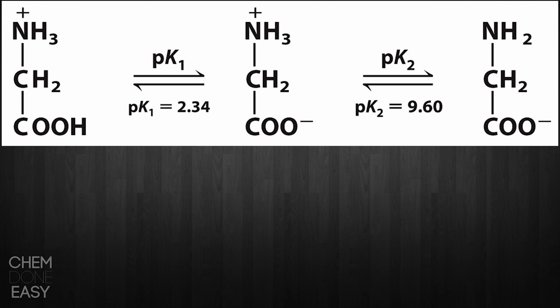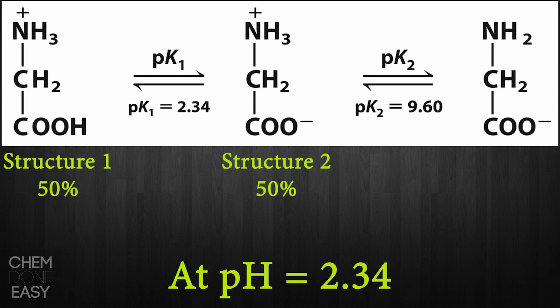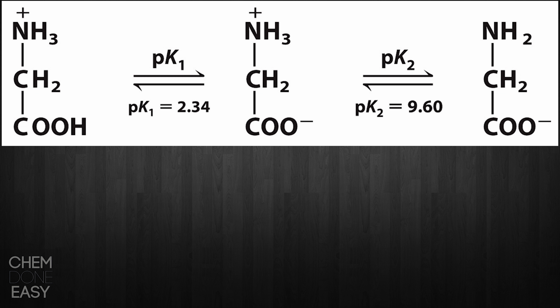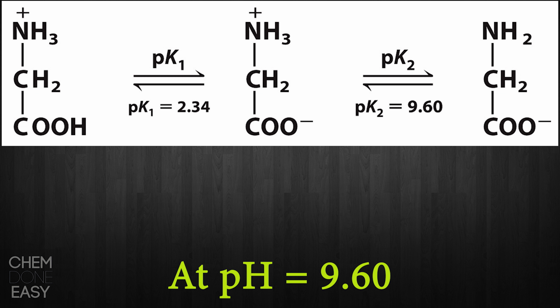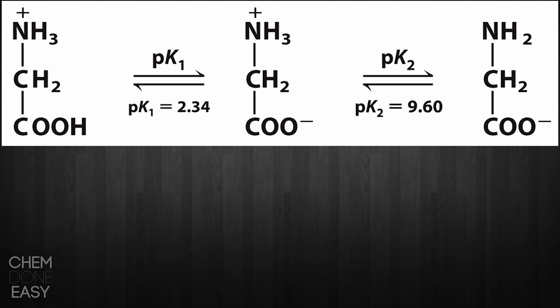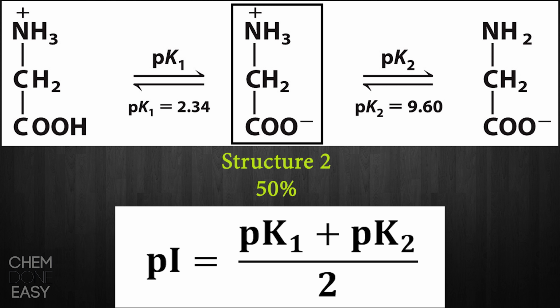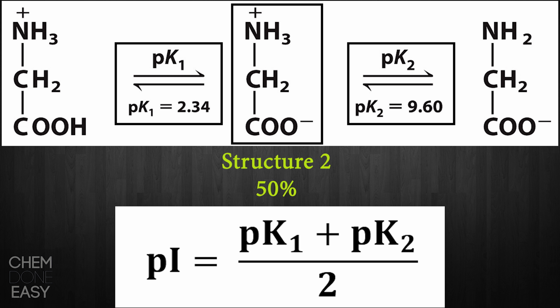Because we know that at a pH of 2.34, 50% of our glycine molecules are in the structure 2 configuration, and at a pH of 9.60, 50% of the molecules are in the structure 2 configuration, in order to get the isoelectric point, so in order for us to determine at what pH structure 2 will be the most predominant, we simply take an average of these two pKa values.